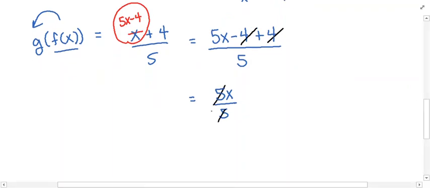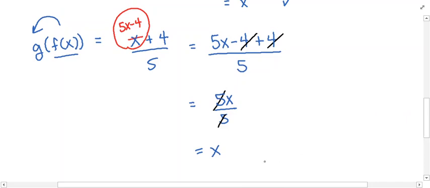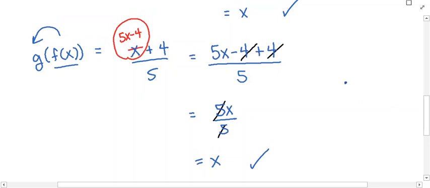Those cancel, and that leaves you with just x. So we're done. We have done the composition in both directions, both f of g of x and g of f of x, and both gave us the same thing, namely x. So this proves that f and g are inverses. And that's it.